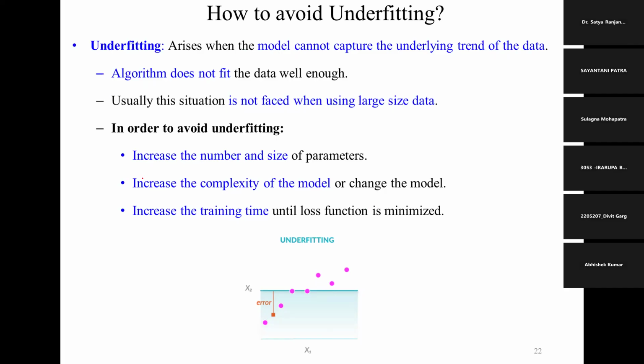Complexity of the model means, for example, some students take only 2 or 3 convolutional layers. I always say more convolutional layers means higher feature extraction, so I always advise them to increase the number of convolutional layers and also increase the training time.